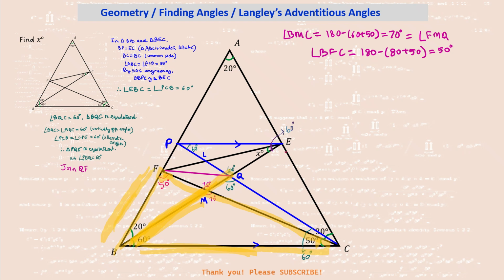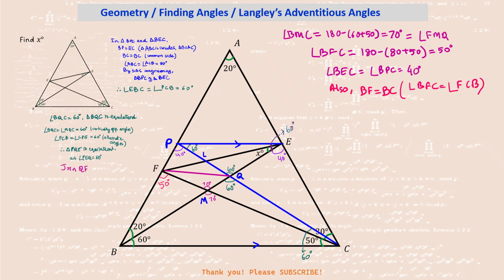So now we've got BF is BC. I have written this is 40, because you're working out 80 and this is 60, so this would be 40, and that is equal to BEC.